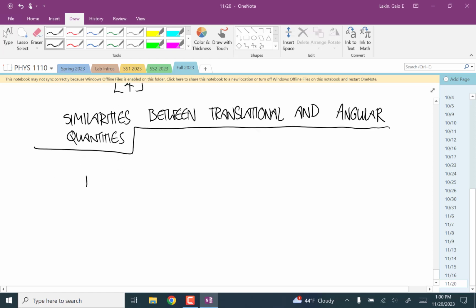Okay, so over here, the translational ones that we've been using this whole time. And over here are the rotational or angular.